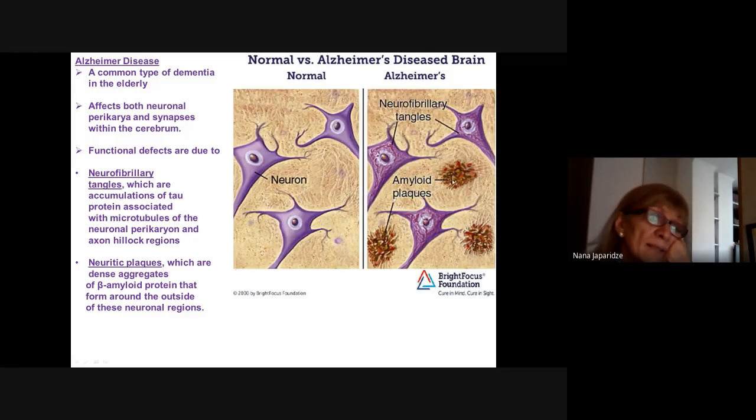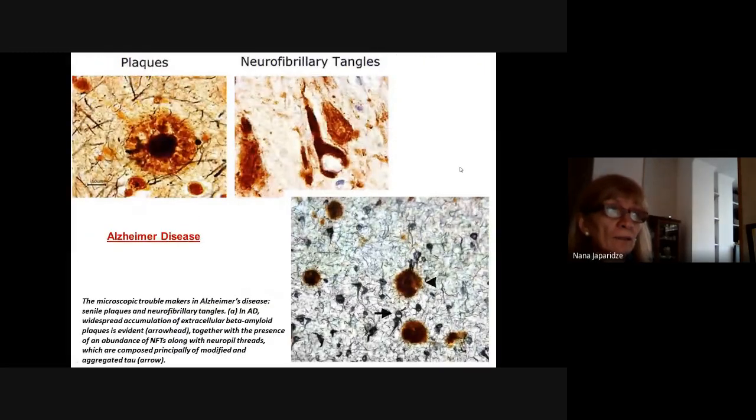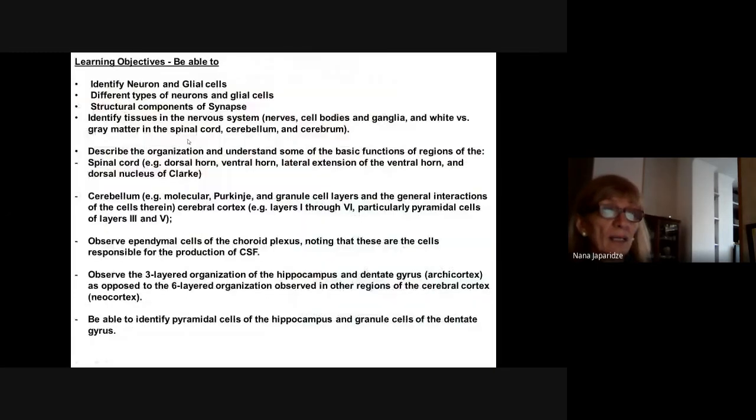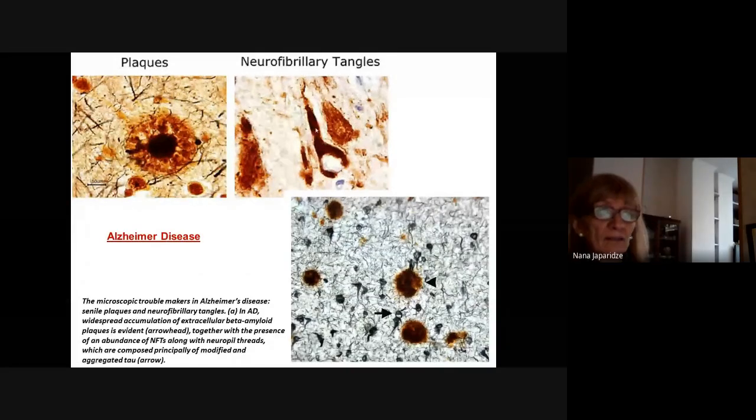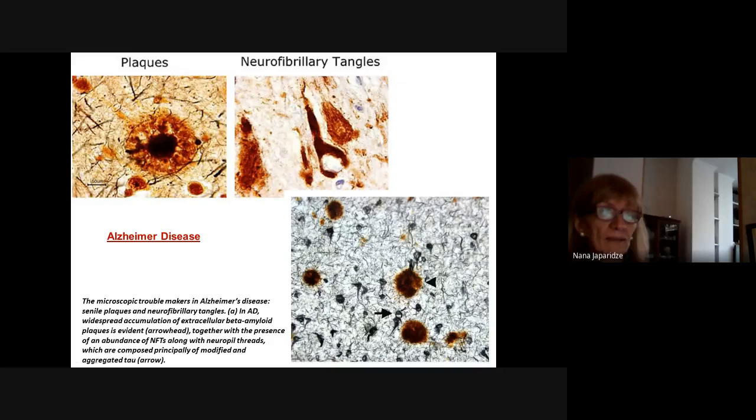Regarding the plaques, they are aggregates of protein, beta amyloid protein, which is formed outside the cell cytoplasm. So these are real tissue samples of plaques. Look, plaques. And here you can see the tangles in the neuron. So Alzheimer disease.